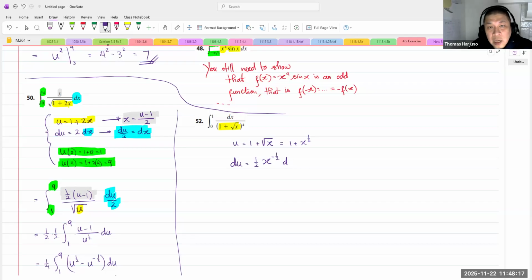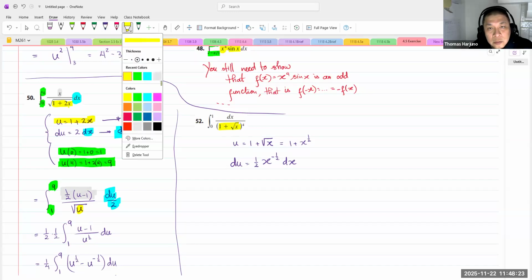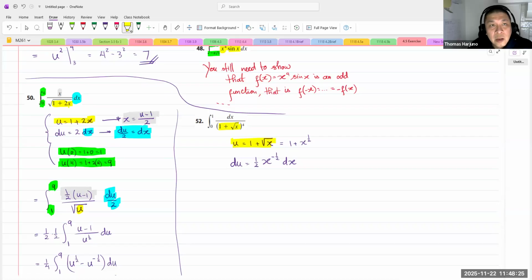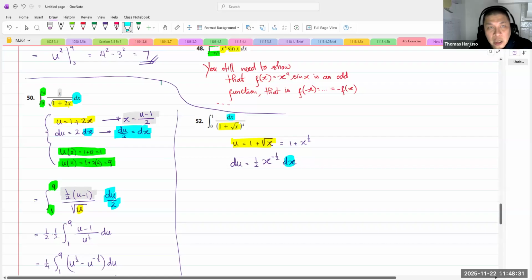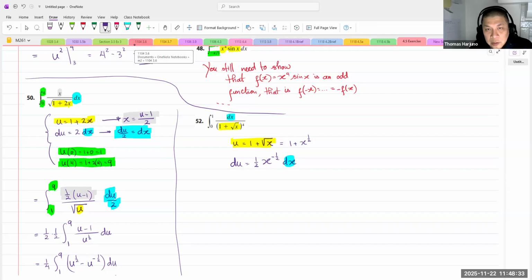The thing is, if you notice, beside dx, I have nothing else to take. In other words, I need to replace this x to the -1/2 with something in terms of u. So 2x to the 1/2 du is dx, but x to the 1/2 is u minus 1. Now we know what to substitute that by.